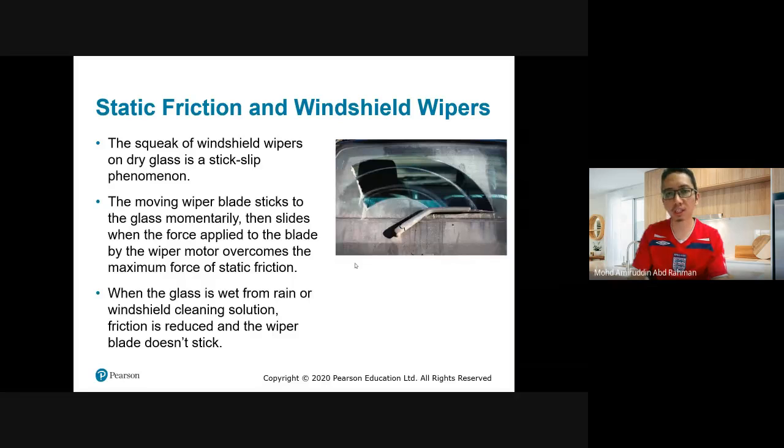Static friction is less, and the kinetic friction is also much lower at that time, compared to before you put the water on the screen. So that's the phenomenon of static friction.